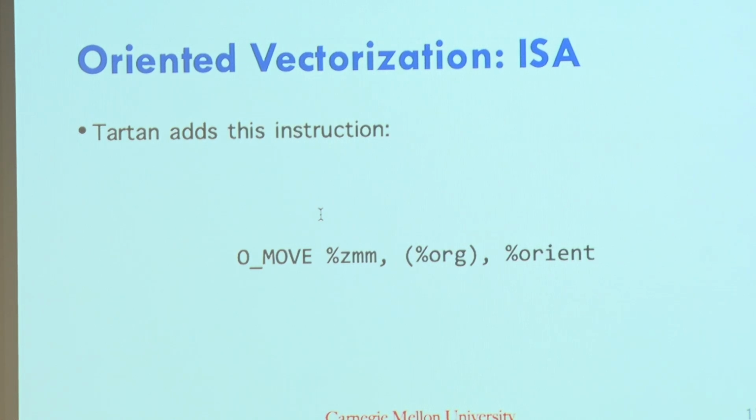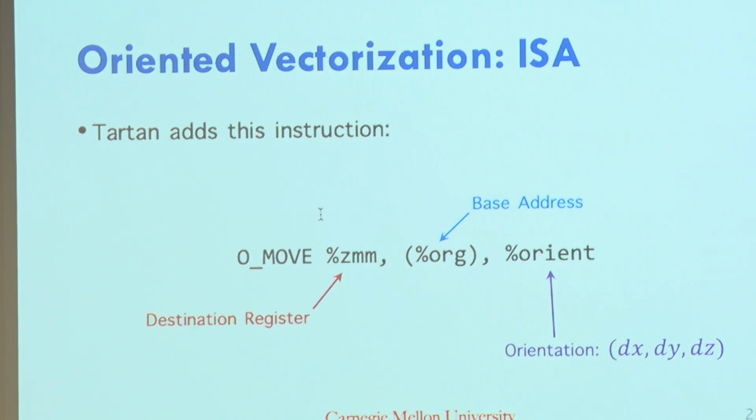It is similar to the traditional instruction, so it has the same base address, but in addition to that, it has another operand which encodes the orientation in a scalar register. And ZMM is the destination register, a general purpose vector register. And once the data is loaded, it uses the vector ALU similar to other vector instructions.